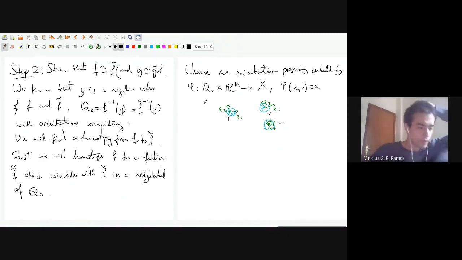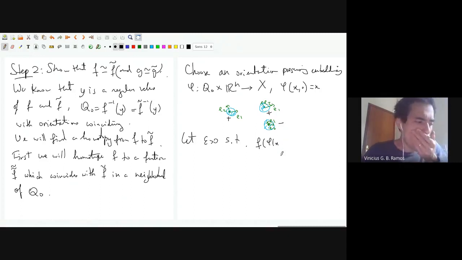Okay, so now I'm going to use this orientation preserving embedding to homotope f to f tilde just in the neighborhood of these points. So now I can let epsilon be sufficiently small such that f of phi u.